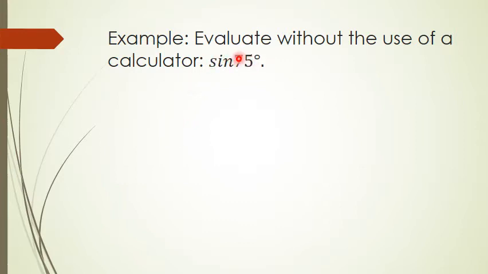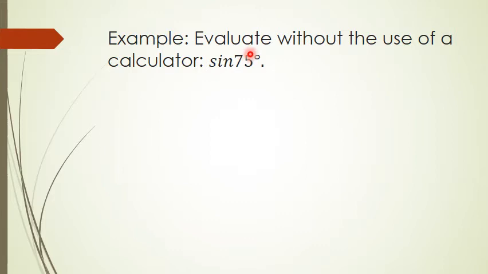The technique here is to express the given angle, in this case 75 degrees, as the sum or difference of special angles. Remember, our special angles are 30 degrees, 45 degrees, and 60 degrees. The other special angles, 0, 90, 180, 360, can also be used.